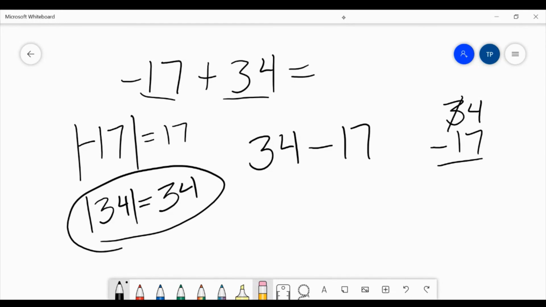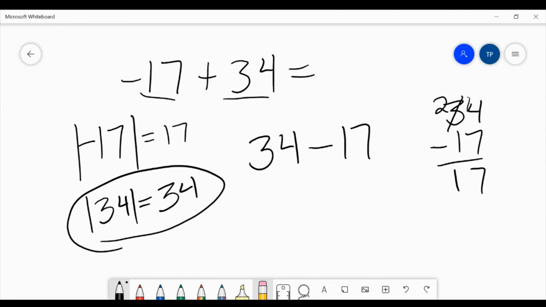I'm going to borrow from this 3 and turn it into a 2, or 20, right? Because it's in the tens value, 2 tens. And I'm going to bring that over here. So now I have 14. 14 take away 7 is 7, right? And then I just subtract our tens. 2 take away 1 is just 1.